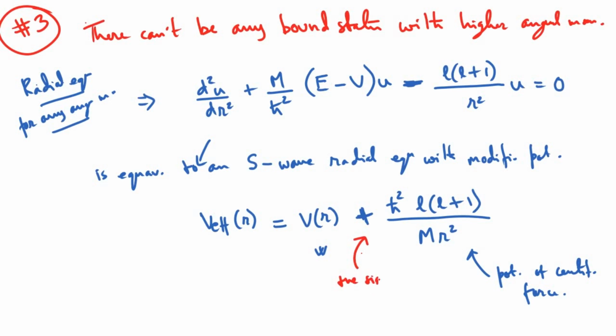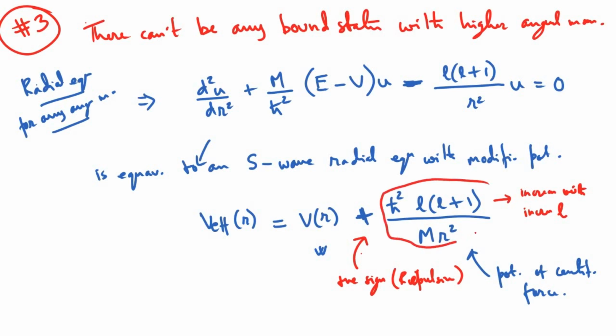Positive sign, this means repulsive. Okay, and also what you can see, very important, is that this increases with increasing L. Two features: this is repulsive and this term increases with increasing L. Two very important features.